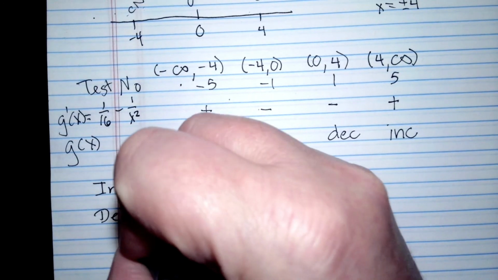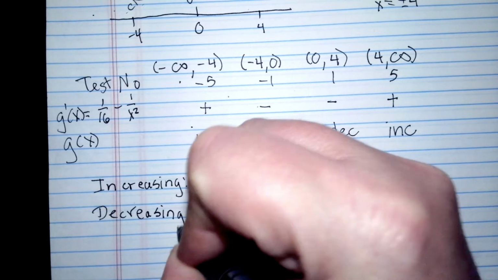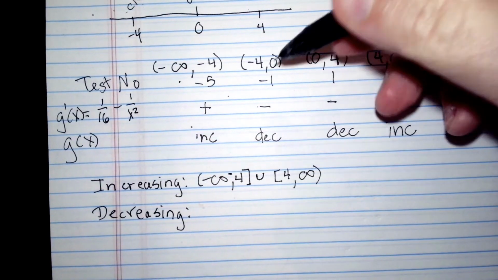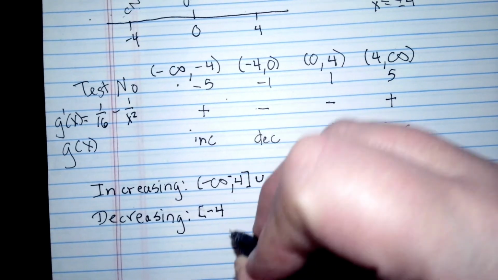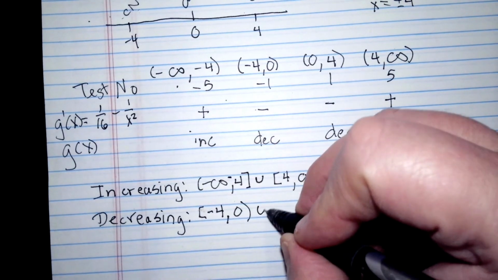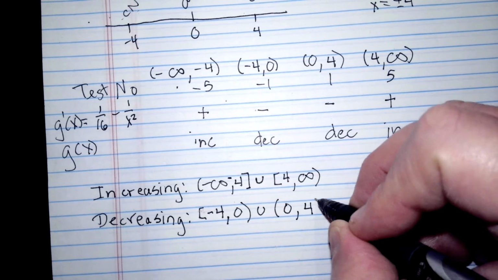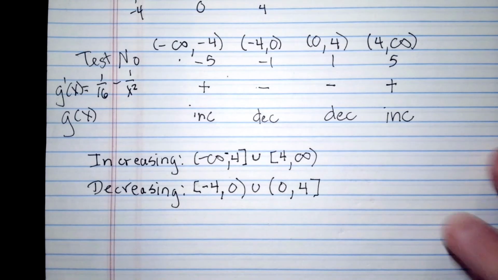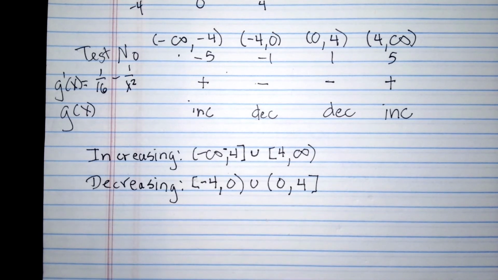It's decreasing on these two intervals. We can include the -4, but we cannot include the 0, nor can we include the 0 in the other interval, and we can include the positive 4. We cannot include the 0 because, remember, the function is not defined at 0.